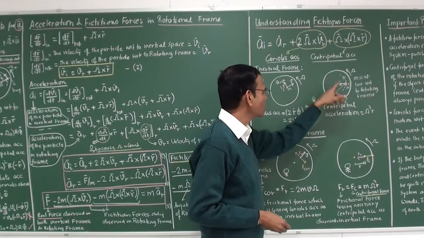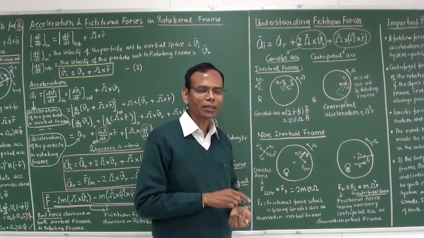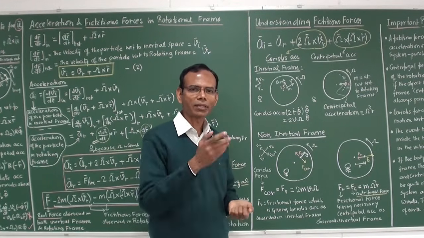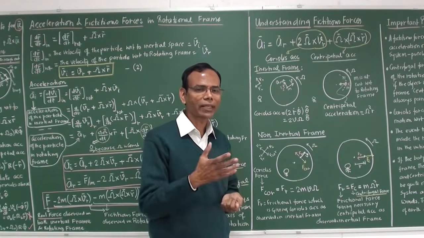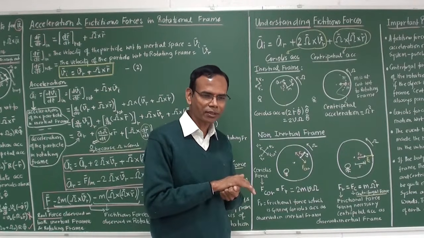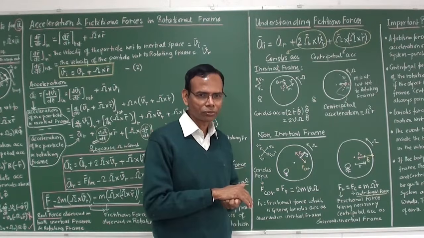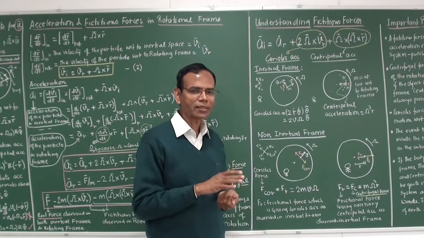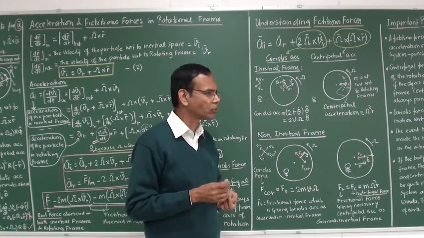And when this coin is rotating, we know that whenever something is rotating, there must be a net resultant force acting towards the center to give that acceleration, because there is a centripetal acceleration. For that acceleration to happen, there must be a force, which we call the net central force. The name that we give is centripetal force.